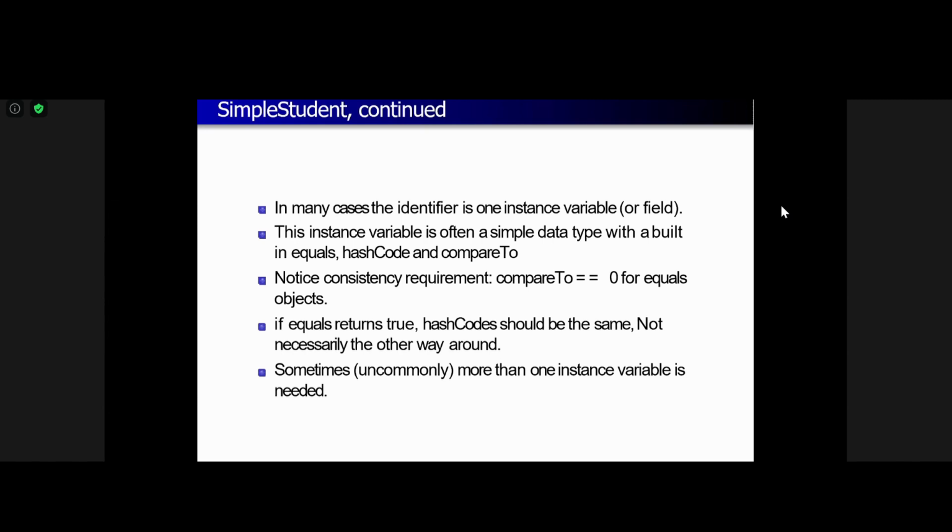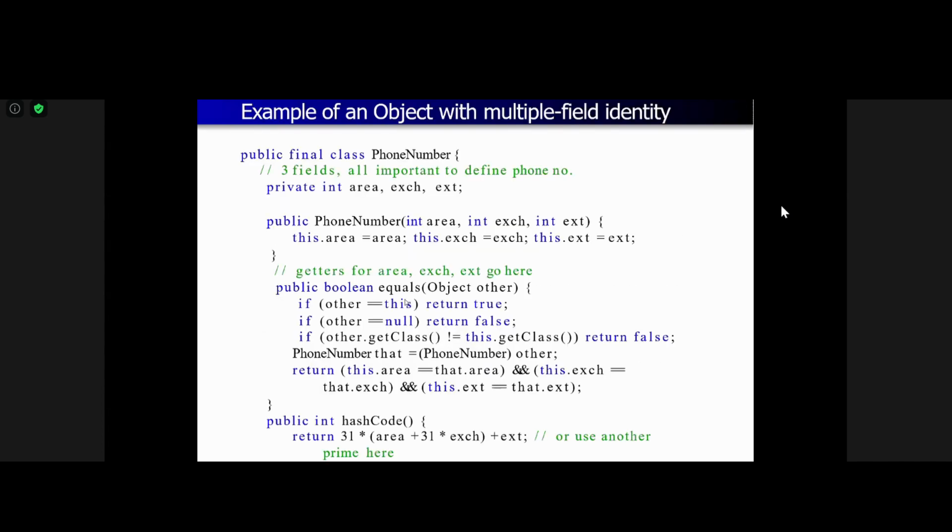And so also if things are equal, then the hash codes have to be the same, but it doesn't have to be true the other way around. Okay, but to cover the ground, we should also consider the case where we have more than one instance variable needed for identifying objects. Okay, so here is a case of that.